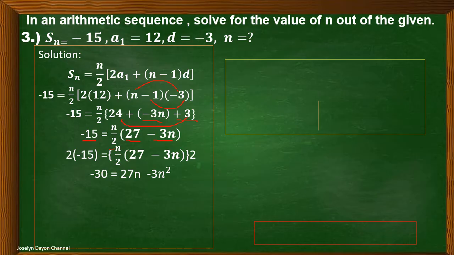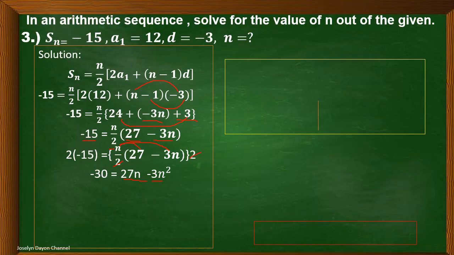Now we have to multiply the right side of the equation. So n over 2 times 27 minus 3n multiplied by 2, and the 2 in the denominator will be eliminated because 2 divided by 2, that's already 1. So what is left here is we have n multiplied by 27, that is 27n. Next, n multiplied by negative 3n, the answer is negative 3n squared.